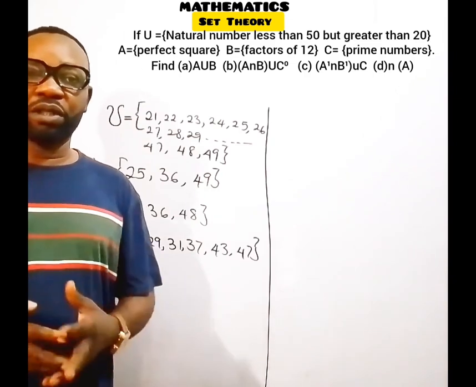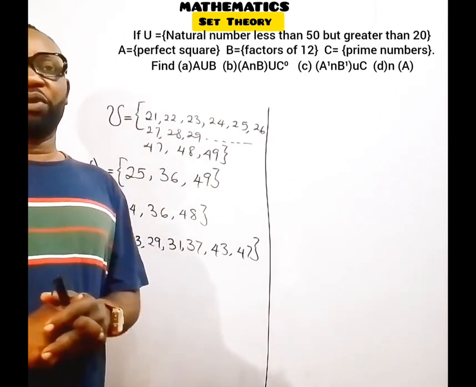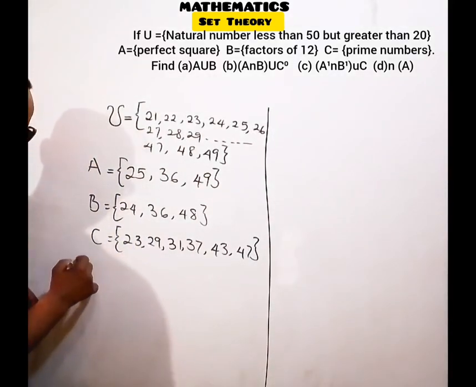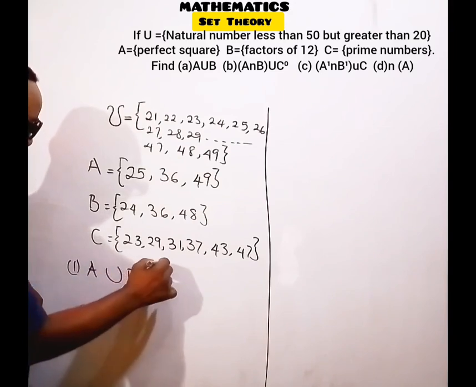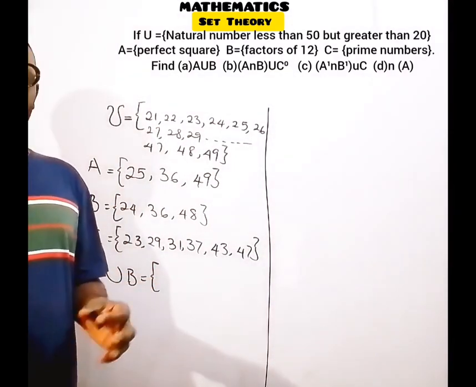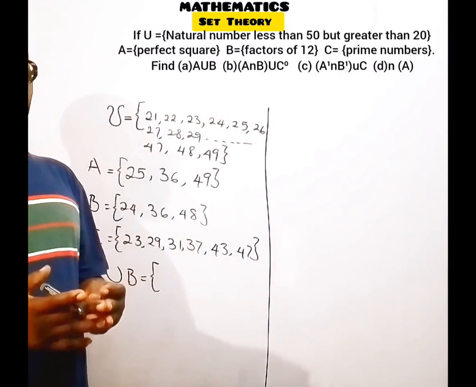Now, we've been able to bring out those values. So let's now go into answering the question proper. The first question says we should find the value of A union B. A union B will be all the values that we have in the two sets. They will be brought together.